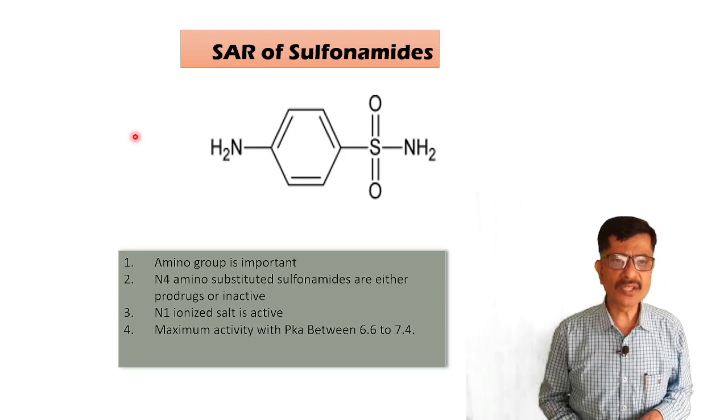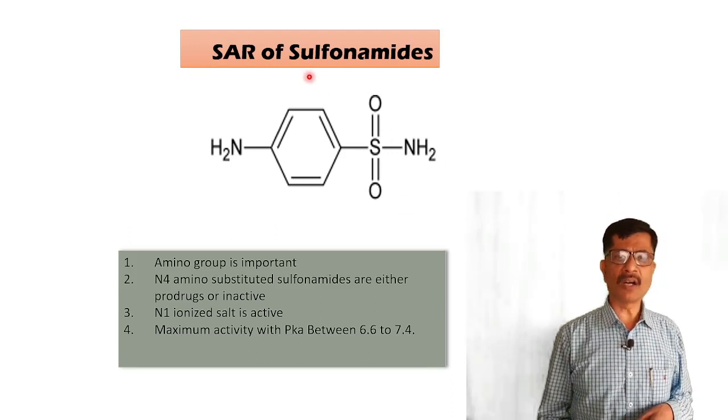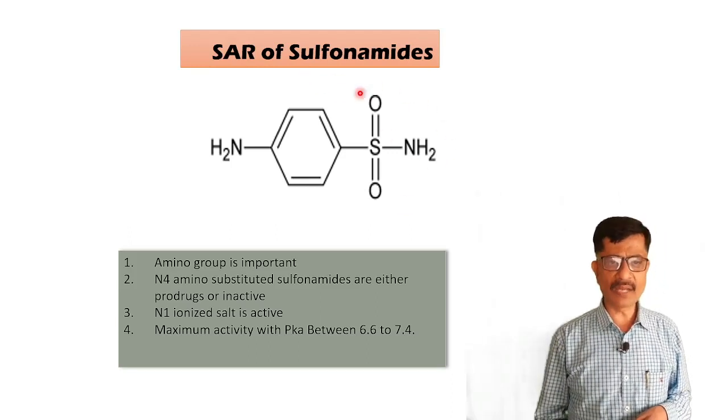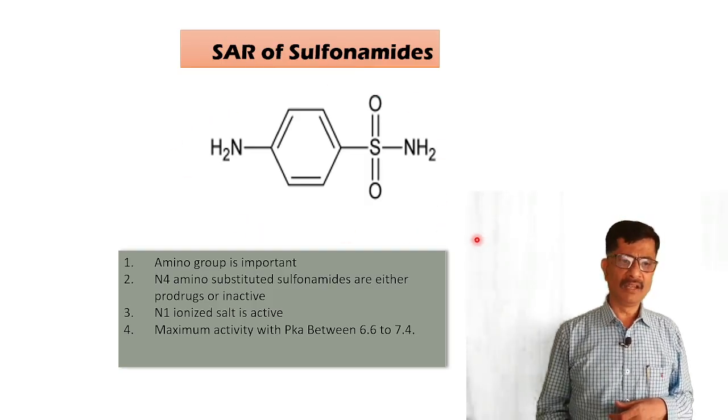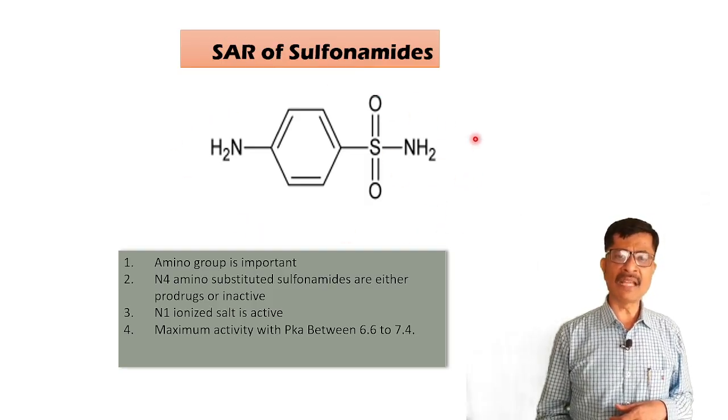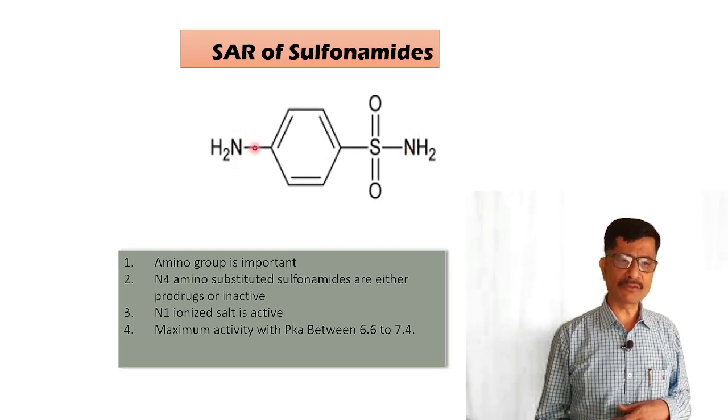Then the structure activity relationship of the sulfonamide class of drugs. Look at this. This is the general structure of sulfonamide, where this is the N1 nitrogen, this is the N4 nitrogen.